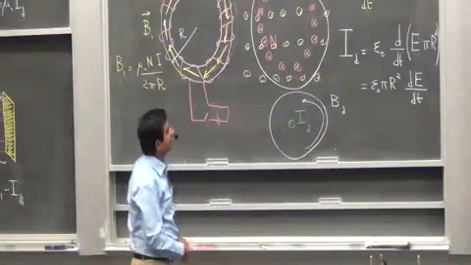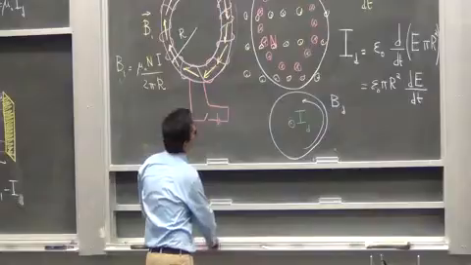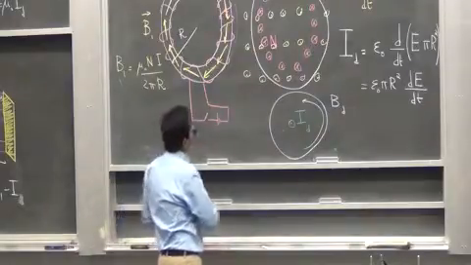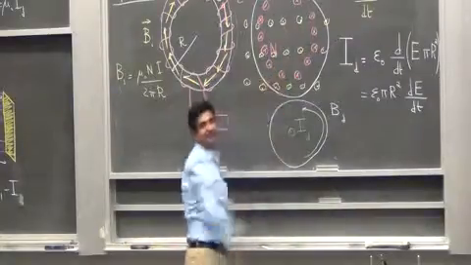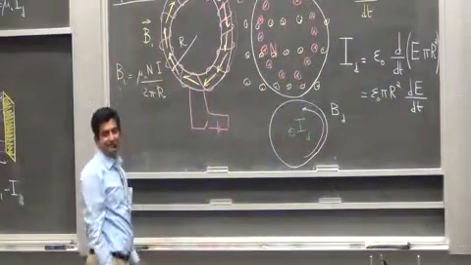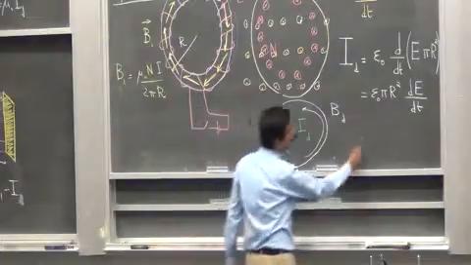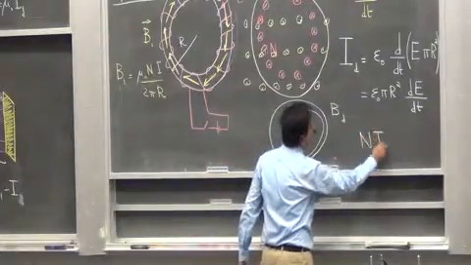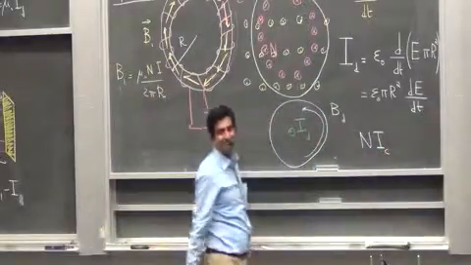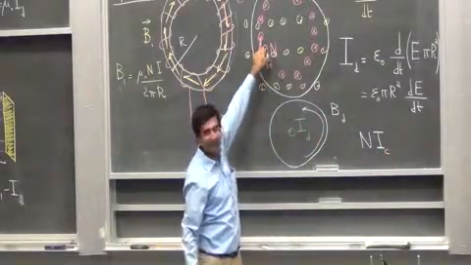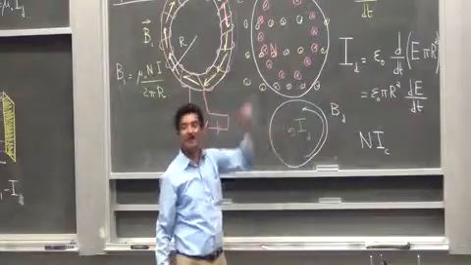Now I have two scenarios. I have a conventional current or a conduction current which is N times I going in. Okay? So I have a conventional current N times I. This is the current IC going in. Okay? This current is going in. And I have a current ID coming out.